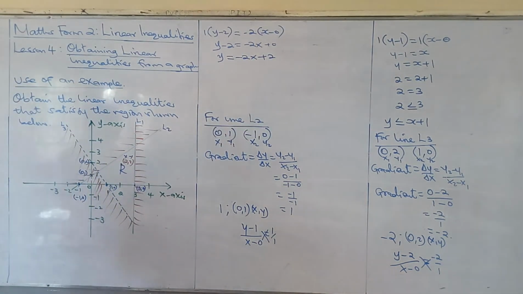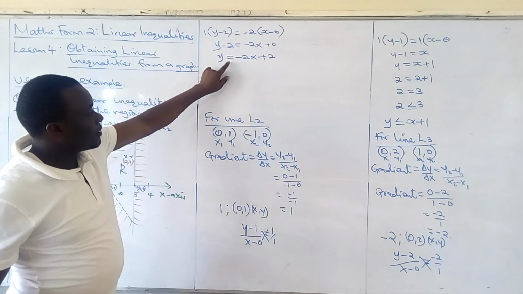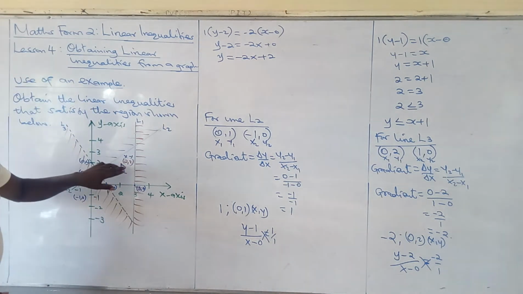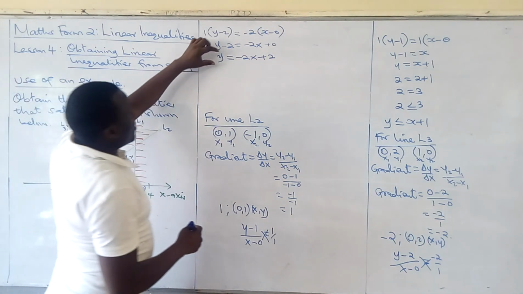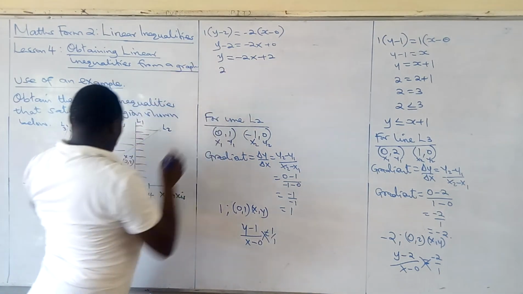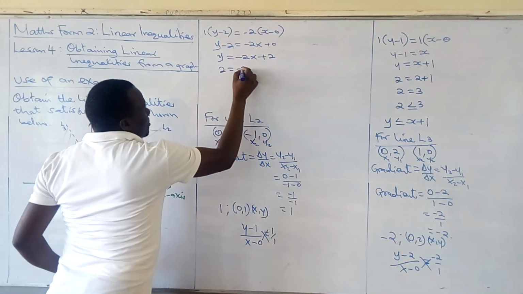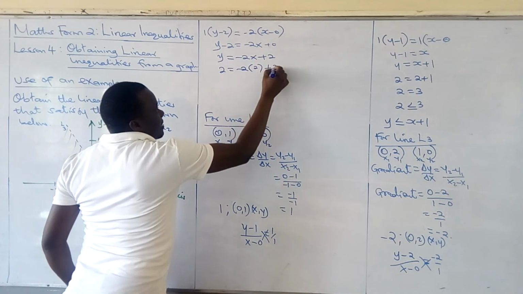That's our equation. But we should come up with the linear inequality symbol for this particular line. So we will use the reference point 2, 2. We say our y is 2, is equal to minus 2 into x, which is also 2, then plus 2.